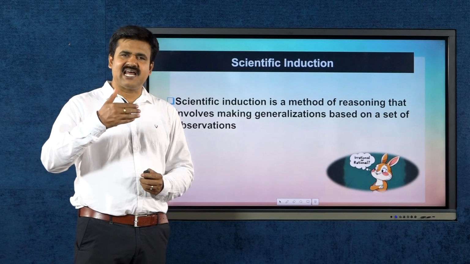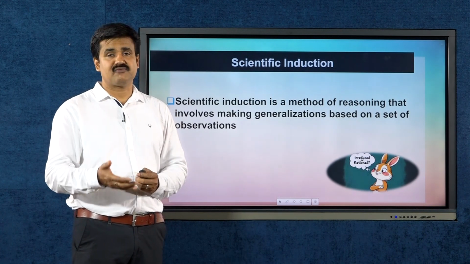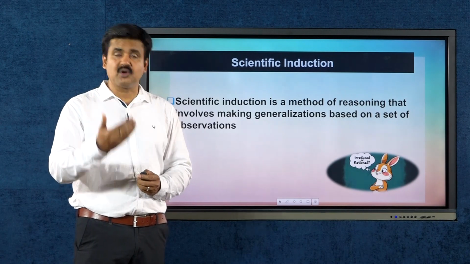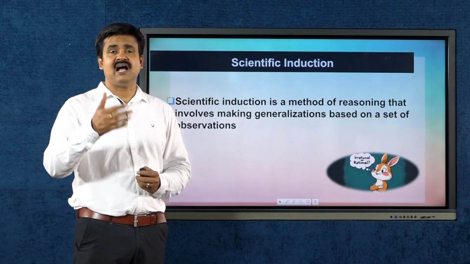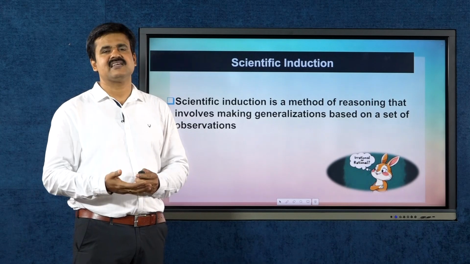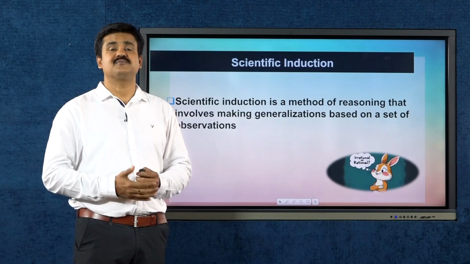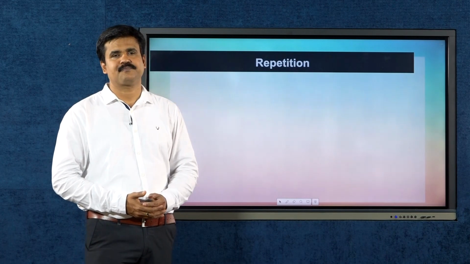In order to arrive at a scientific induction stage, we have to perform a series of experiments, and we consolidate the results of the experiments, and inductively we use critical thinking to arrive at a certain conclusion based on the observations we got as a result of the experiments.